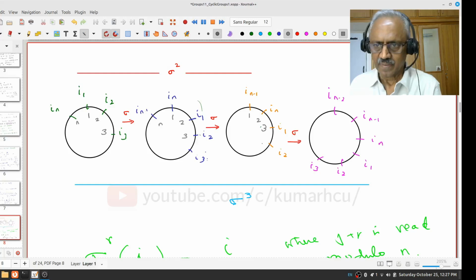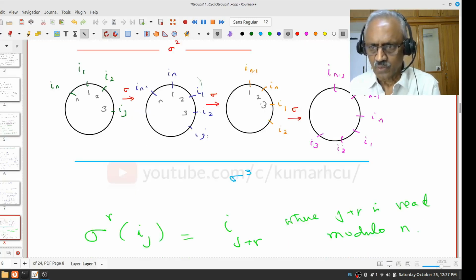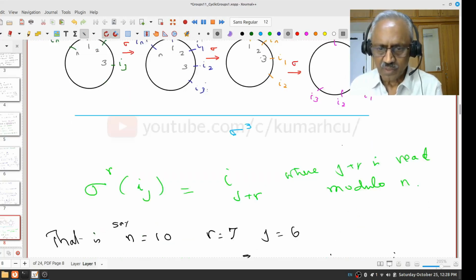And once more, if I apply sigma, this is sigma cubed, then i(n-1) will come here, in will come here, and so on. Is the picture clear?